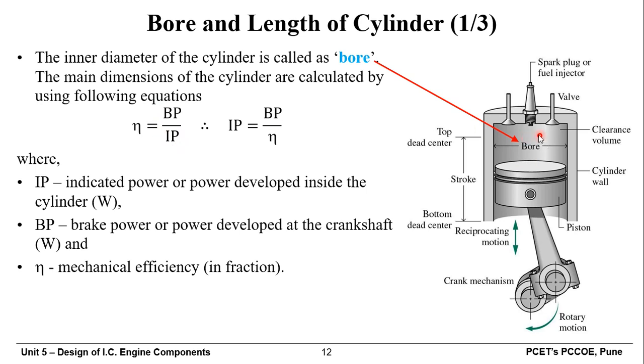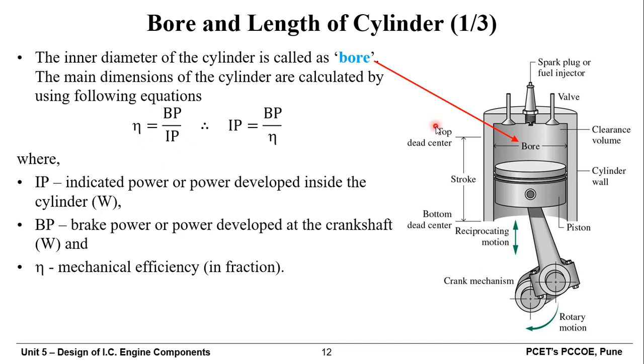Generally the combustion takes place inside the cylinder, so that power is called indicated power, and because of that expansion, the power is transmitted to the piston, to the connecting rod, and to the crankshaft. Whatever power is developed inside the cylinder is called indicated power, and the power which is available at the crankshaft has a lower value, and it is called brake power. So the efficiency is brake power upon indicated power.